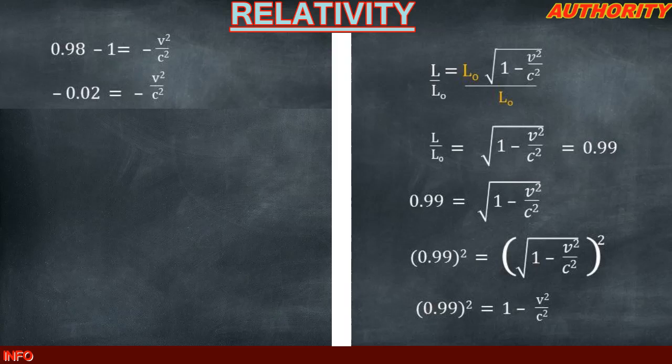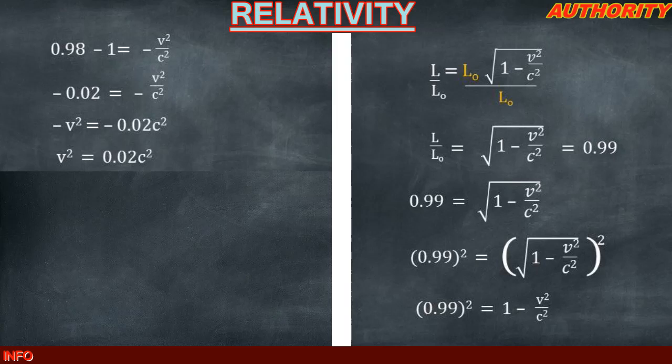Now let's cross multiply. When we cross multiply, we're going to say that minus v squared is equal to minus 0.02 times c squared. Let's remove this negative. As we remove the negative, we are going to have v squared is equal to 0.02 c squared. Now we are looking for v.